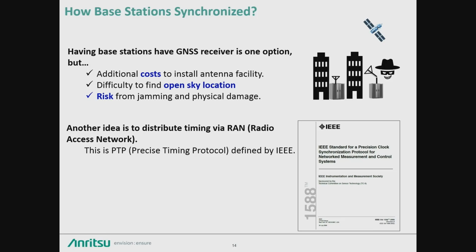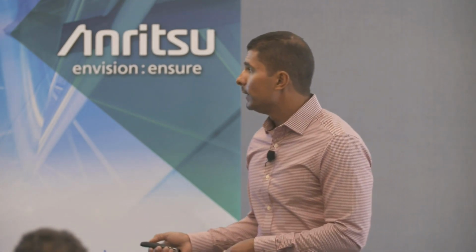In the 5G deployments, especially small cell, when we're looking at the street level, that's when you run into the challenge when you don't have clear sky and you can't depend on GPS. That's when you start seeing different requirements there on how do I keep these different radios synchronized when they're at the street level. You'll notice that also risk of jamming and physical damage.